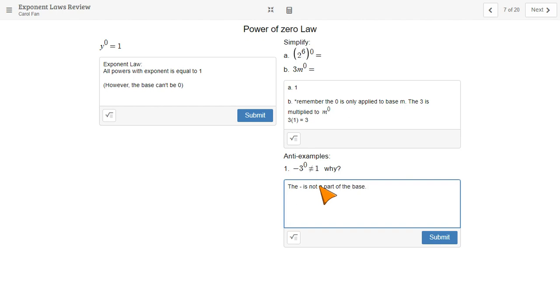I mean, we could rewrite the question as negative 1 times 3 to the power of 0. And so that would change how we look at it. Negative 1 times positive 1. Final answer is negative 1.